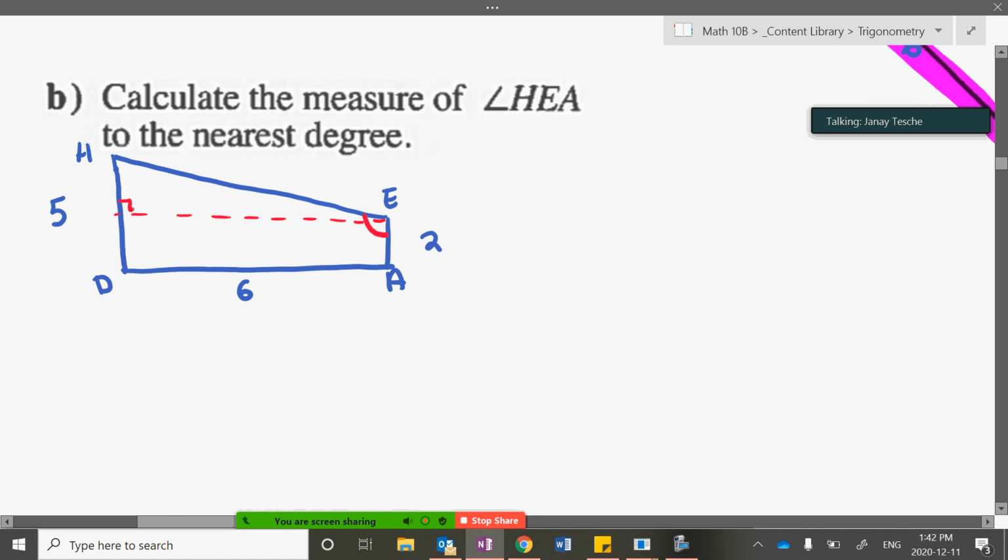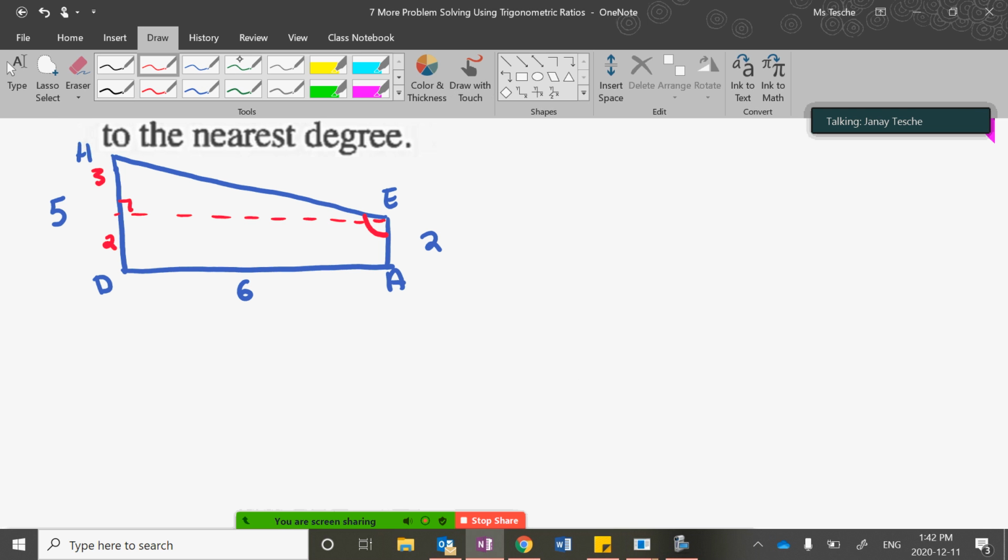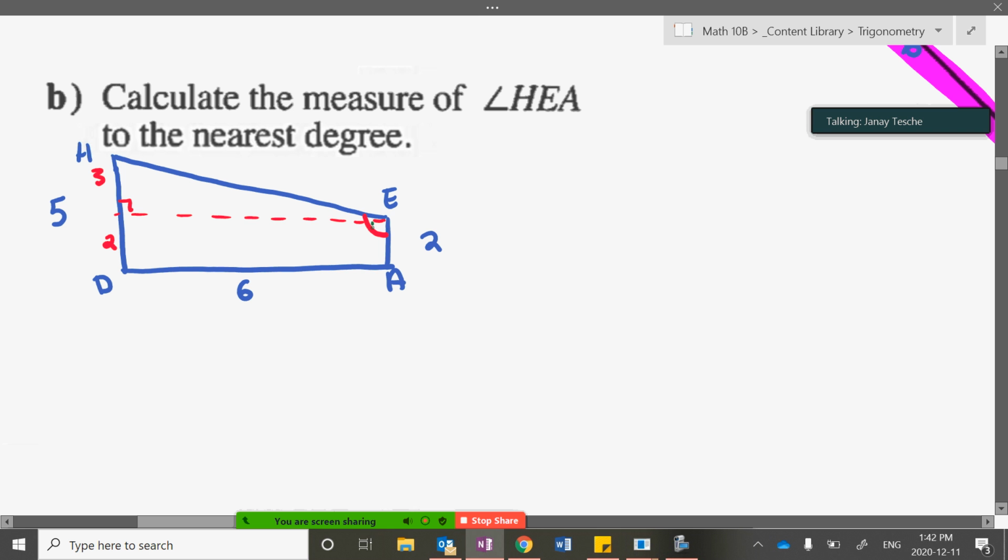I have a perfect rectangle on the bottom. This is going to be 2, and therefore this is 3 because 2 plus 3 gives us the 5 of that total height. By drawing that rectangle, I also now know that this is 90 degrees. So really, I just need to figure out this little angle here to figure out the entire thing because the corners of a rectangle are each 90 degrees.